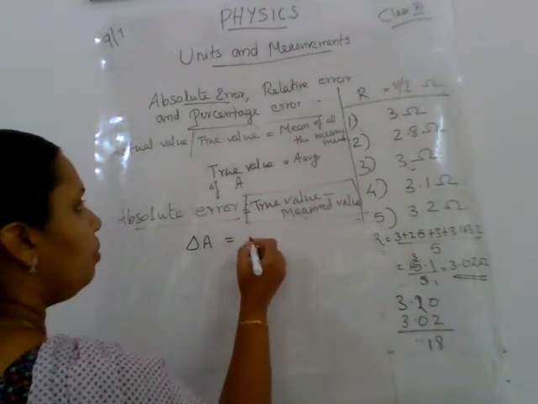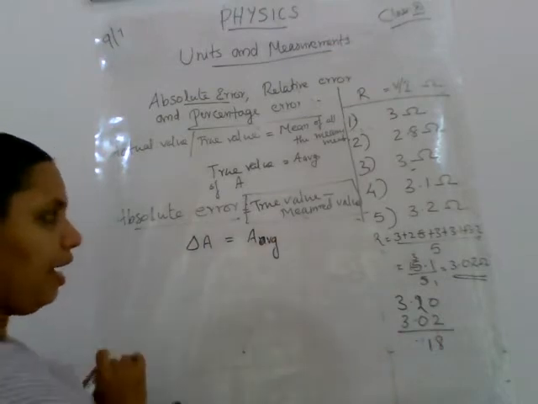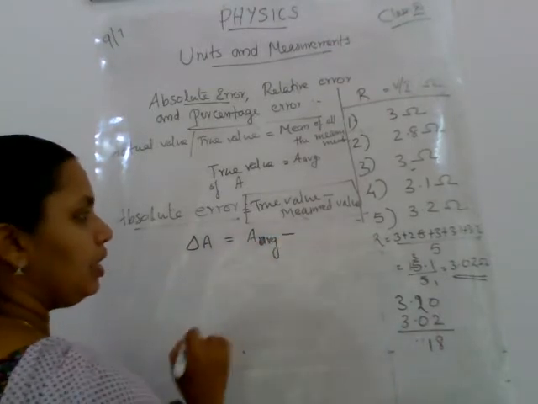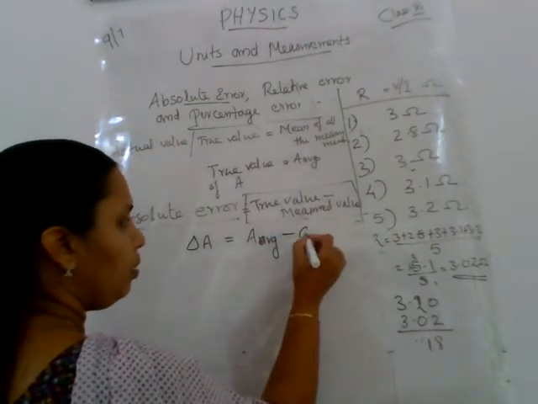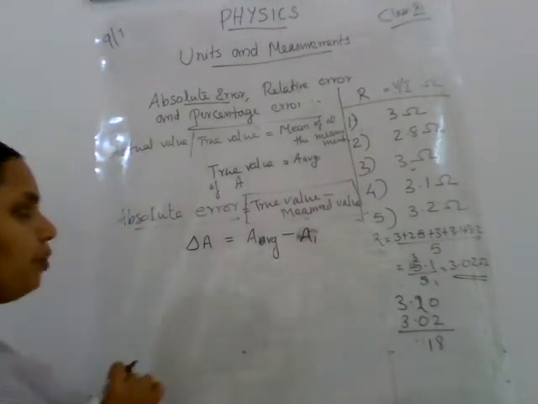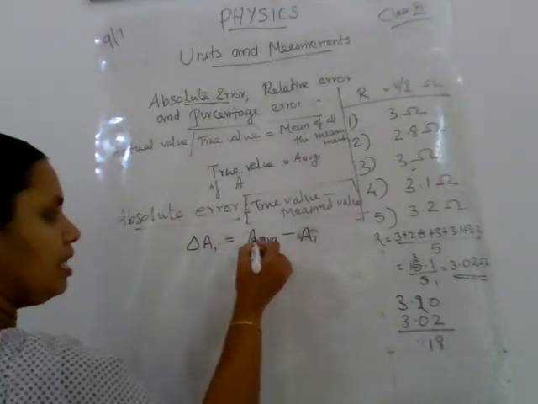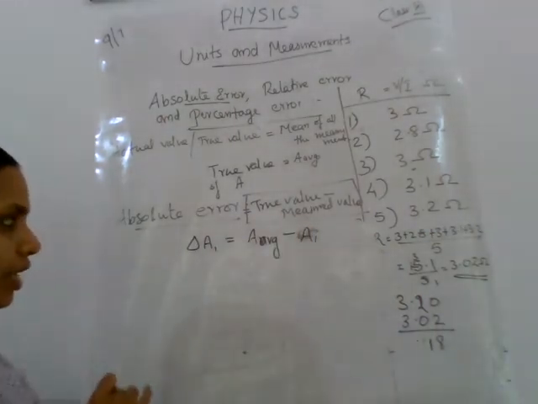That is true value. We can write it as the average value. We can write it as A average minus measured value. Measured value, we can write it as A1, A2, A3, A4, A5, etc. So here delta A1 is equal to A average minus A1.